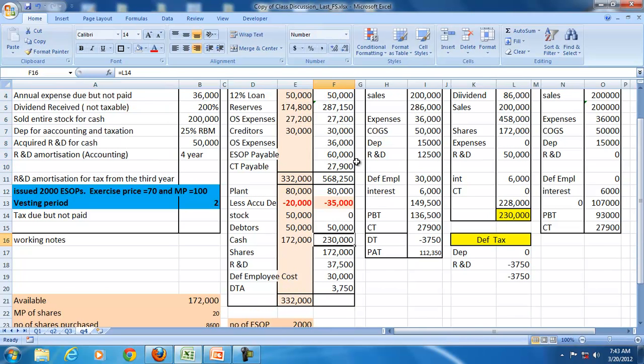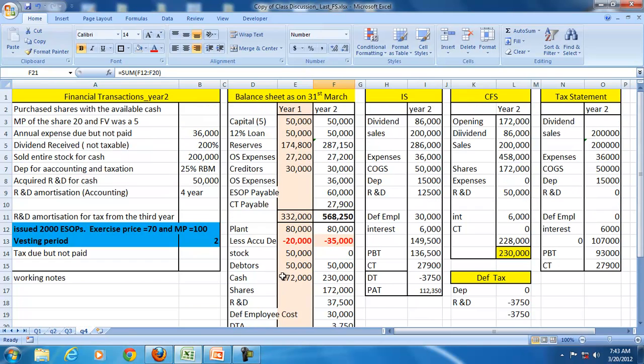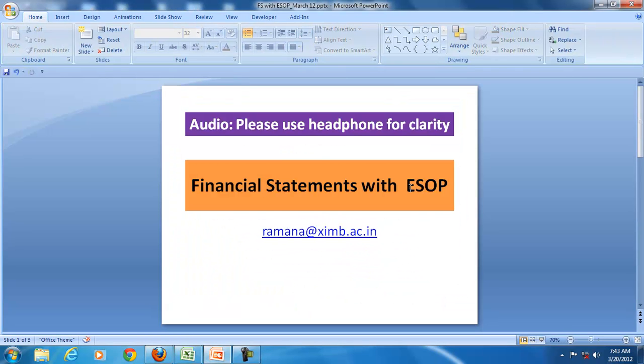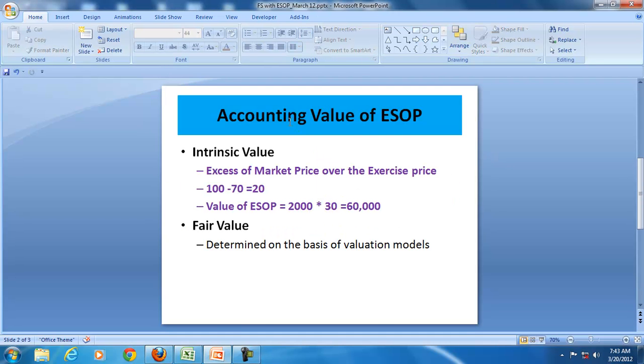No change in the debtor, and 568,250 is the sources side, and the corresponding asset side is 568,250. So to recap, in this exercise we wanted to understand the impact of ESOP on the financial statement.